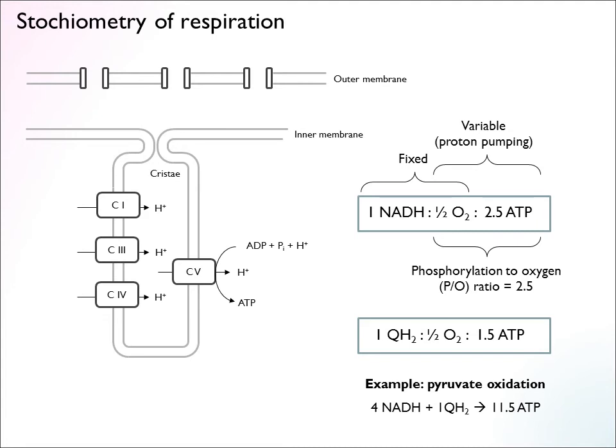So for example, in pyruvate oxidation, if you make 4 NADH, well, if you do the numbers here, that should account for 10 ATPs. And then you have one of the quinones, so that's 11.5, and so on. Yeah, these numbers can differ a bit depending on where you look in the literature because the stoichiometry is variable.